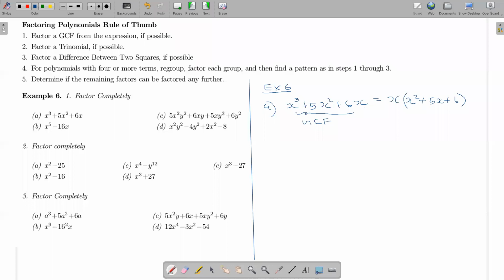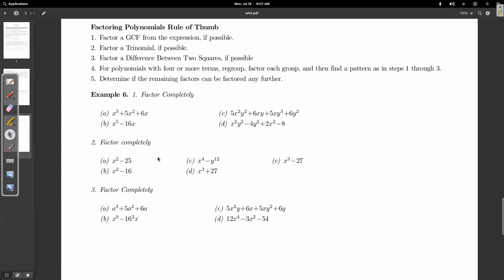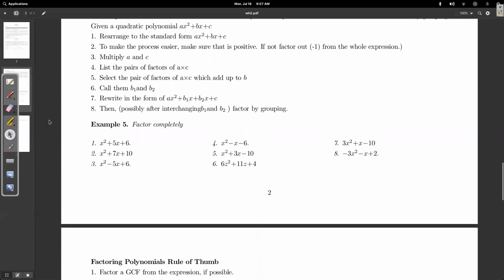So first, always check for a common factor. Now again you come back and see how to factor each of them. This one is 3 terms, no? So I use that method. I skip it. I will put a video link for this. I think you know it from high school.